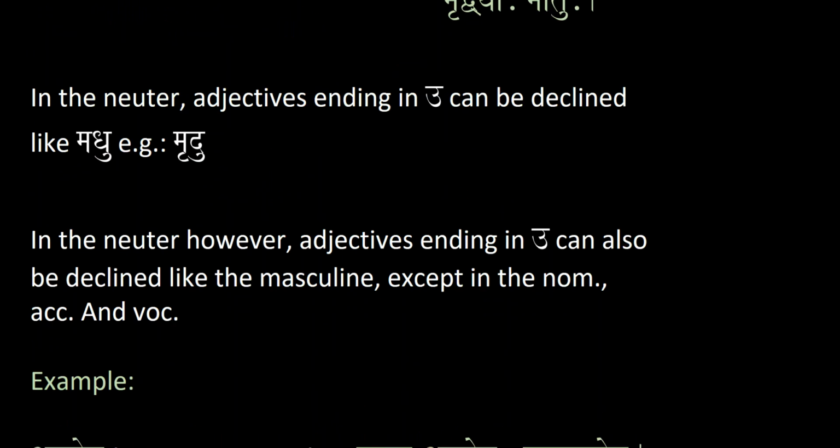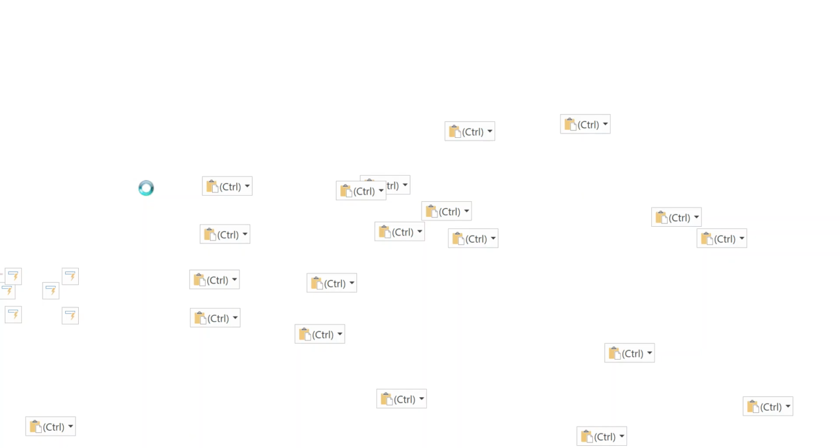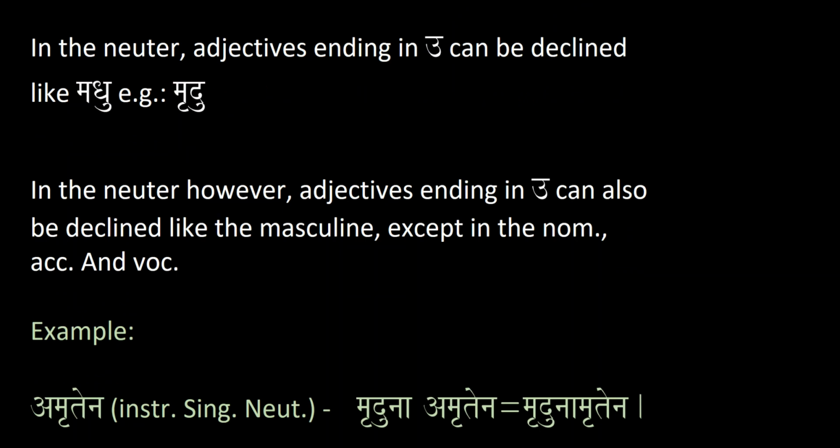Now in the neuter, adjectives ending in u can be declined like madhu, as said before. So mridu would stay as mridu, but then it will be declined like madhu. But you have options.